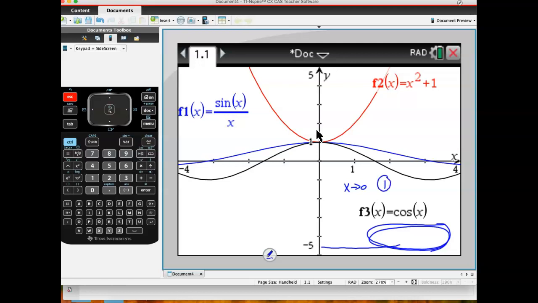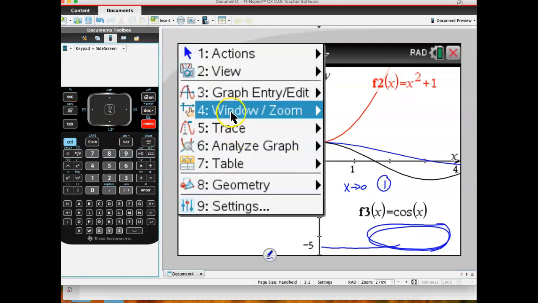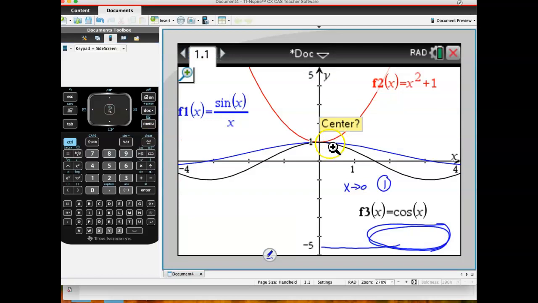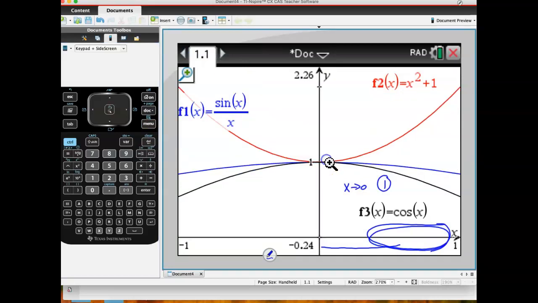As I zoom in, I can see how the red and the black graph sandwich the blue graph for all the x's between -4 and 4. Red's always bigger, black's always smaller, yet they're equal at 0. Their limits are 1, therefore the limit of sine x over x also has to equal 1.